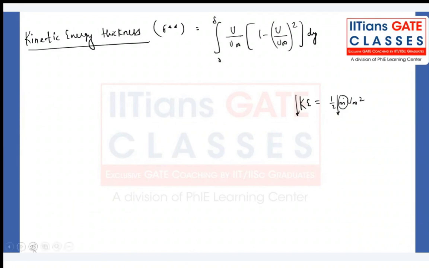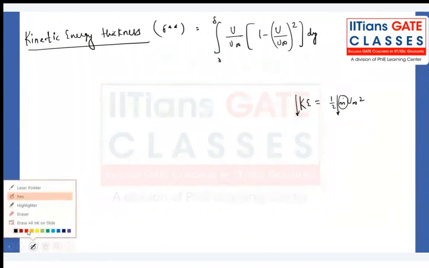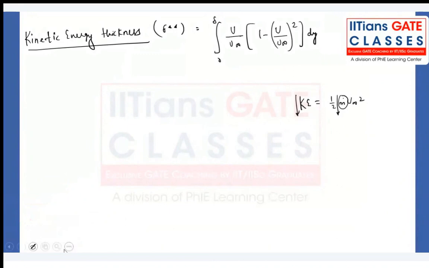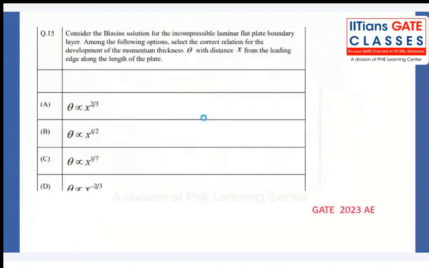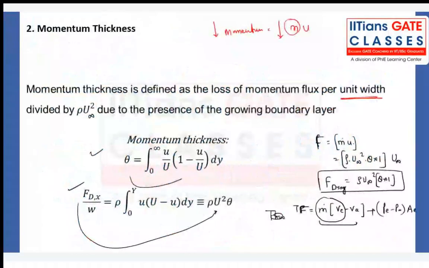Generally, we used to write 0 to infinity. In all the formulas we have discussed till now, you will observe they have written 0 to infinity. Can we say it is directly equal to 0 to delta only? With very much confidence.